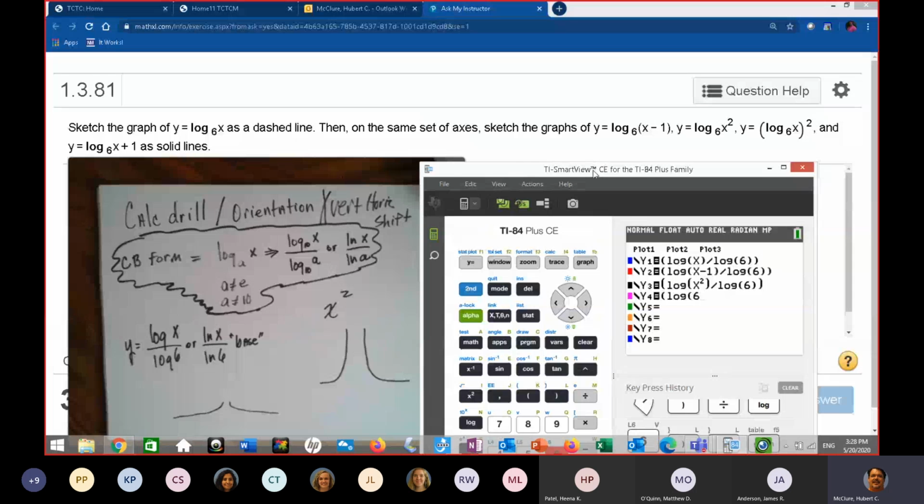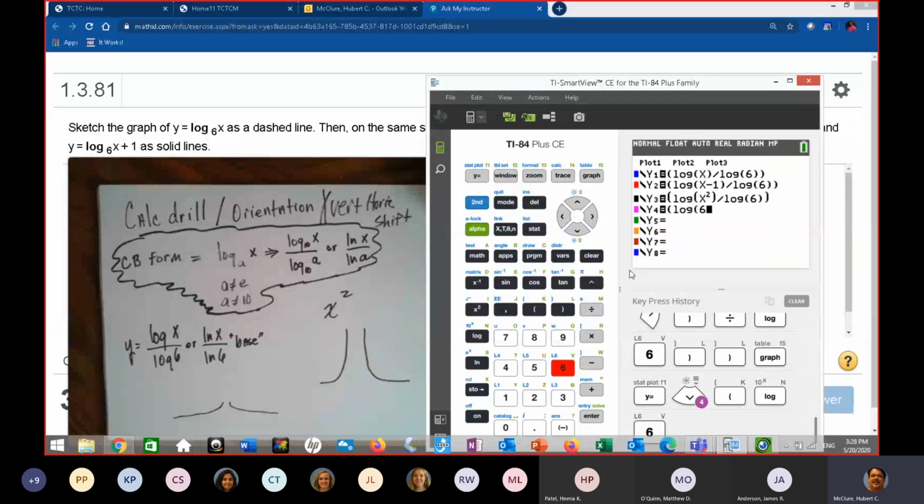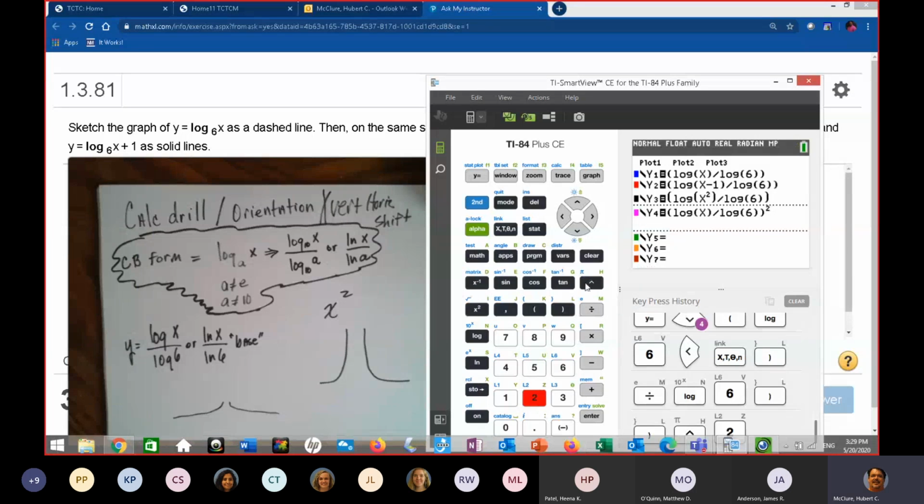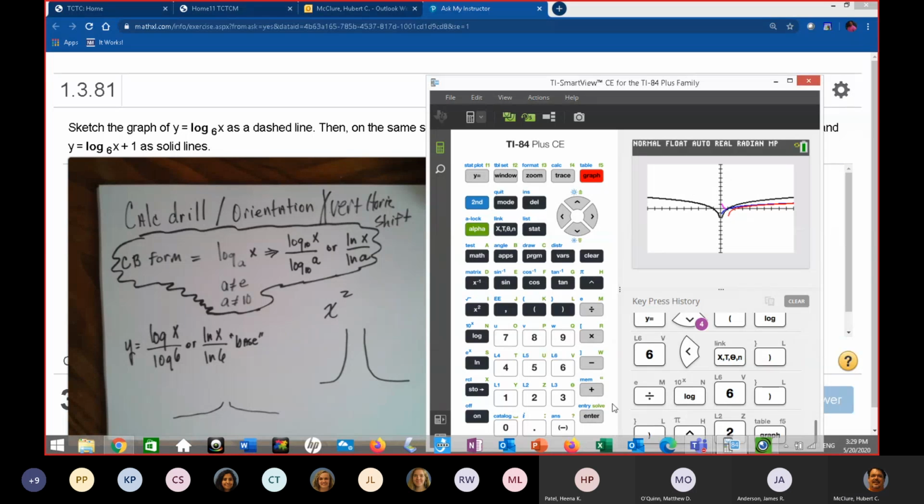Log of x over log of 6, sorry. Log of x, close parentheses, divided by the log of 6, close parentheses, raised to the what? Second power. So that's going to turn it upside down right there. That's your lavender.